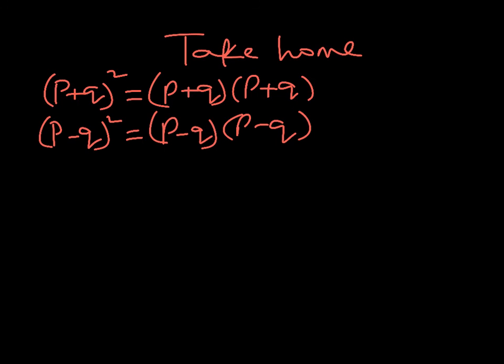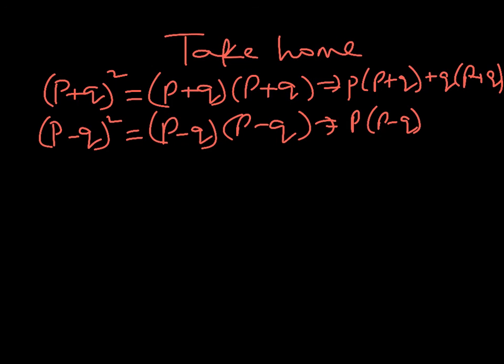So the long form of expanding is p plus q into p plus q, and then when you expand that out, you have the final value. The same with p minus q into p minus q. This is the long process of expanding it.